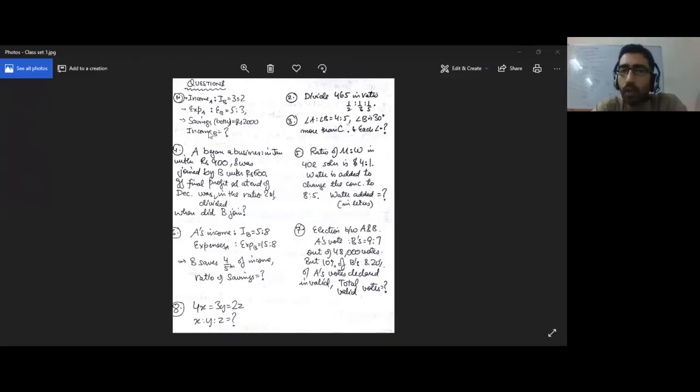In such a scenario, what will the income of B be? Is this clear? This is what you have to answer. Do you remember that in question 1? Please solve question 1, 2, 3.